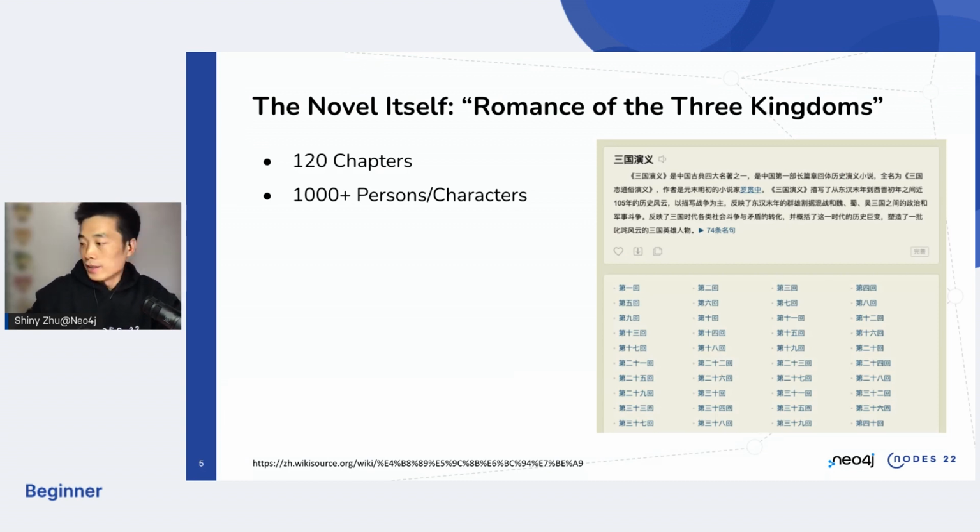So let's look at a little more about the novel itself. There are 120 chapters in the novel, and there are many characters, more than 1,000 persons. You can find the novel raw text by the link on the slide.